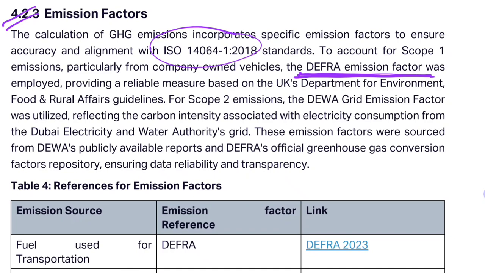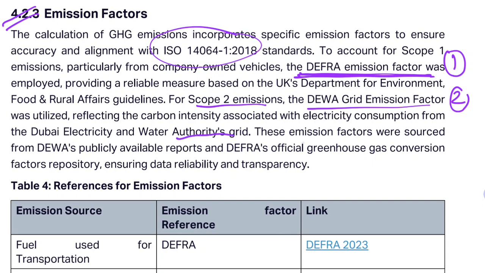As we discussed in earlier videos, DEFRA is the Department for Environment, Food and Rural Affairs, which has guidelines for emission factors. And for scope 2 emissions, the grid emission factor was utilized. So these are two important reference sources.